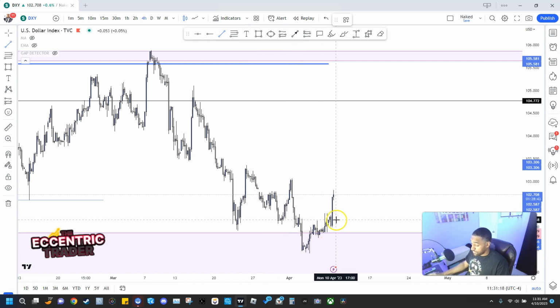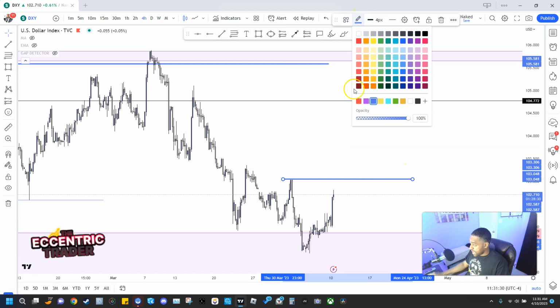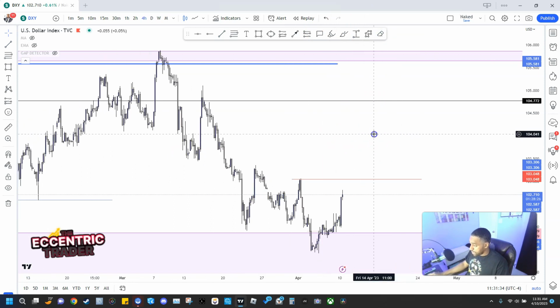Now, if you go to the H1, you could probably find something, but as far as our directional bias and higher time frames, I'm going to leave that alone. So this is the high that I would like to see broken before I consider it to be a range or to be going back up in an uptrend.